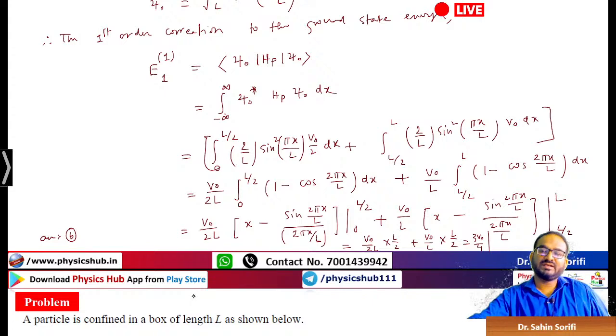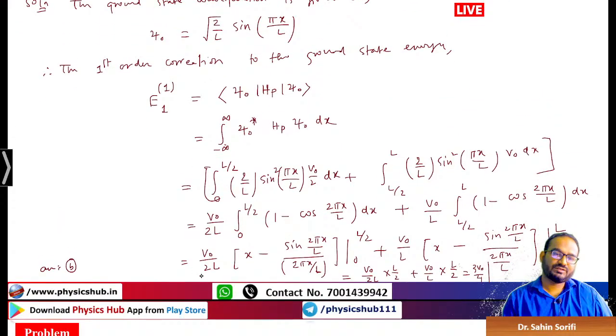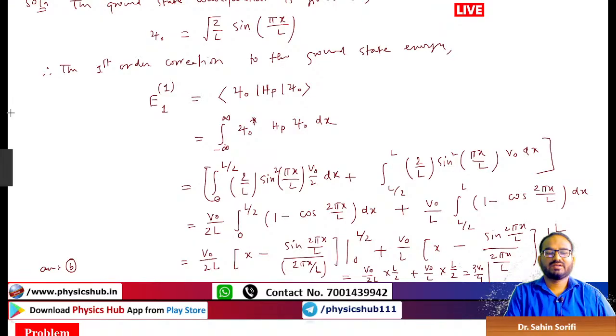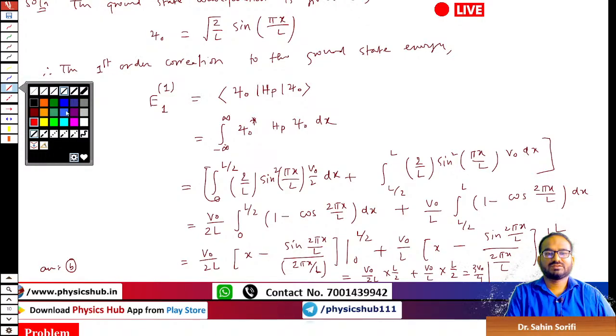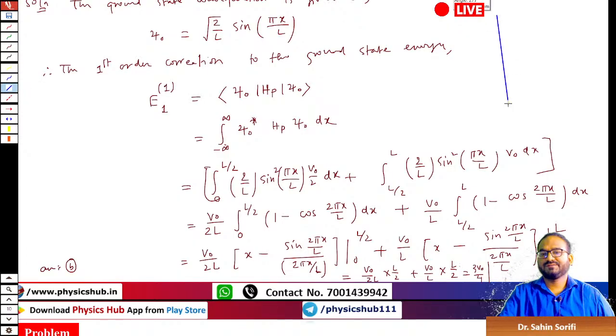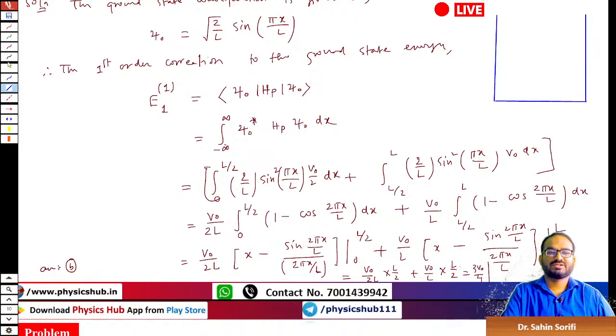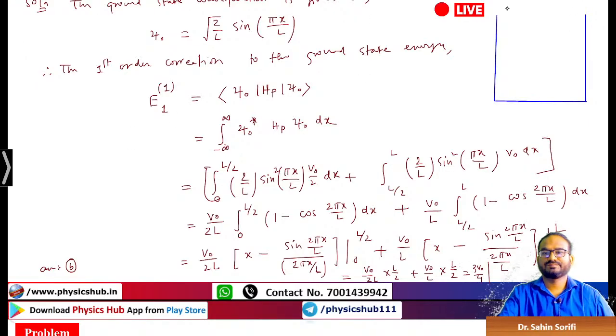Now for the particle in a box problem, there is a short trick to solve this problem. Whenever you are given this kind of particle in a box type problem, and you are given some perturbation, then there is a short trick to calculate the first order correction in energy. It's very simple.